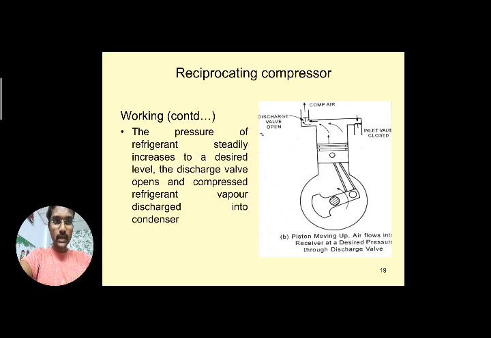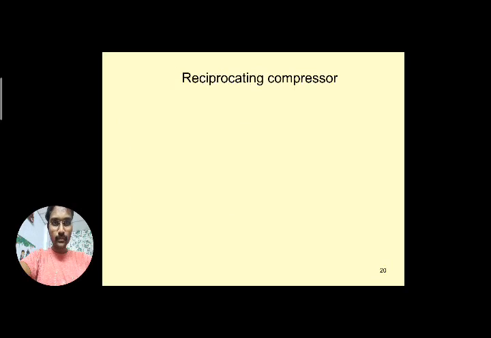Due to the pressure increasing, the pressure from the bottom tries to push the discharge valve upwards, and it slightly opens. Due to this pressure, the compressed refrigerant passes through the delivery line to the discharge line. So here compression takes place when the piston is moving up to the top dead center.